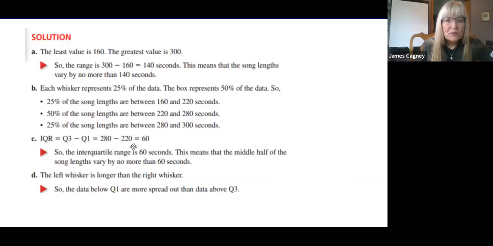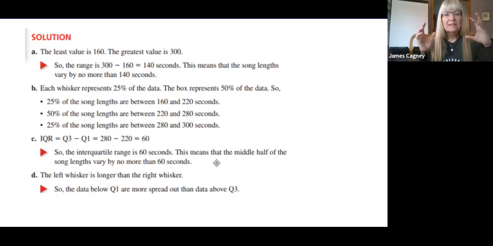So 25% of the song lengths are between 160 and 220 seconds. 50% of the songs are between 220 and 280. 25% are between 280 and 300. IQR, Q3 minus Q1, is 280 minus 220, so that is 60 seconds. That IQR is 60 seconds.